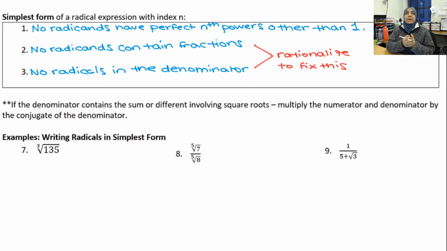Remember, I would never want to write square root of 8 because I can split it into 4 times 2, and then I can take the square root of 4, and the 2 would stay under the square root symbol. We're going to do something very similar here, except we're not looking for a perfect square factor, we're looking for a perfect cube factor. So pause this video and give yourself a second to go find that value.